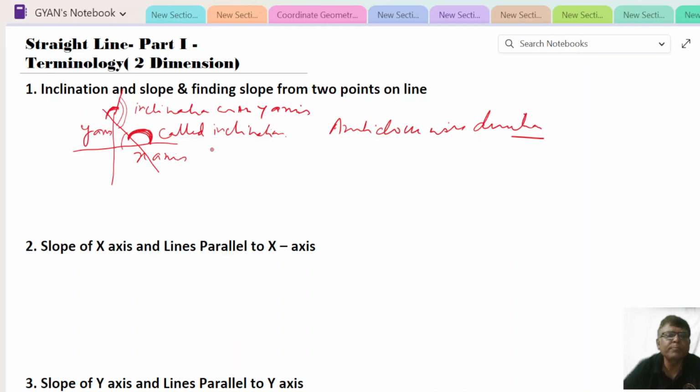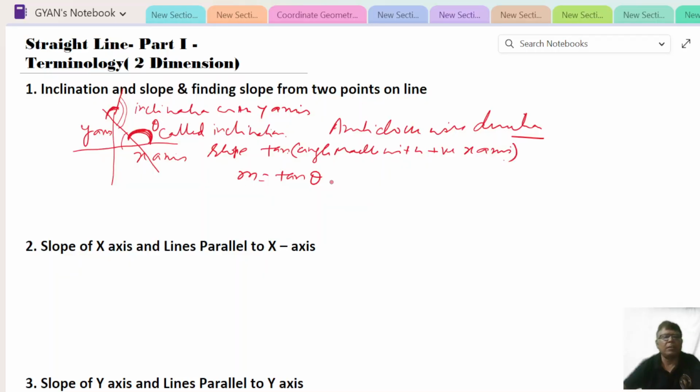What is the slope? Slope is the tangent of the angle made with the positive x-axis. Suppose this is theta, then slope m will be tan theta.